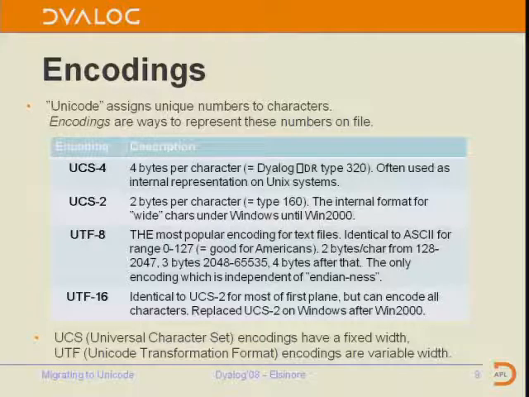Most Unixes internally use UCS4. Windows, because it started with UCS2, now uses UTF-16, which is, again, identical to UCS2 for most of the tens of thousands of common numbers. But UTF-16 has bits where you can say, well, this won't fit in 2 bytes, so you need to look at some more bytes as well.